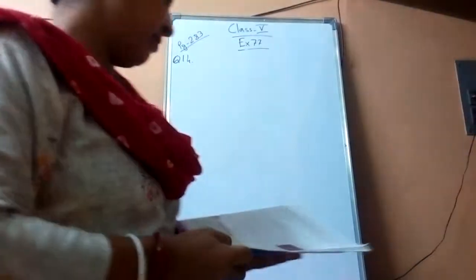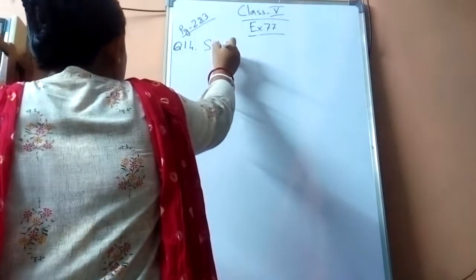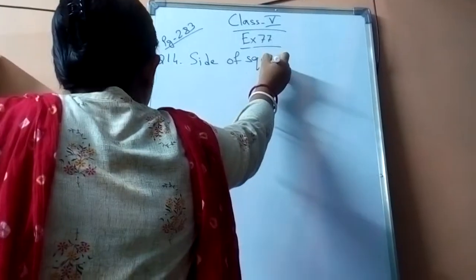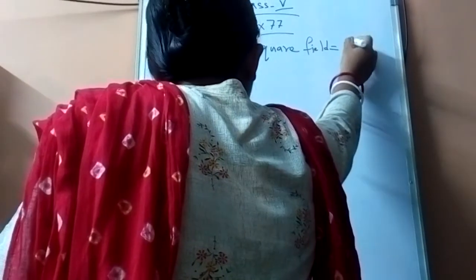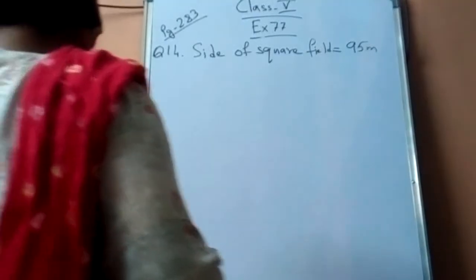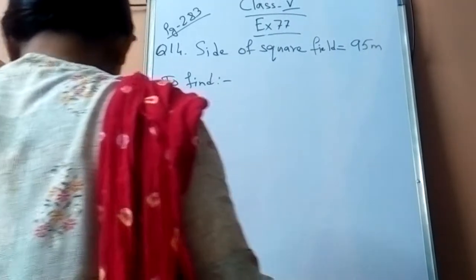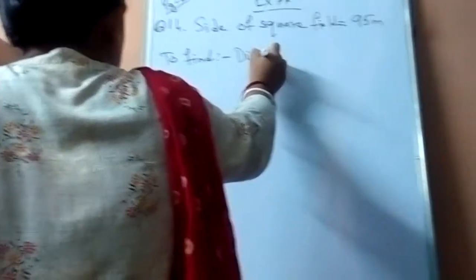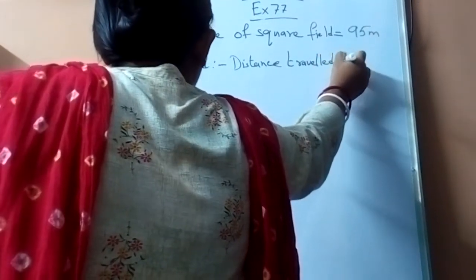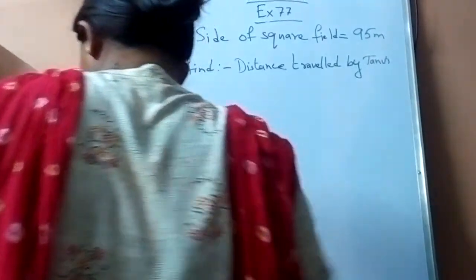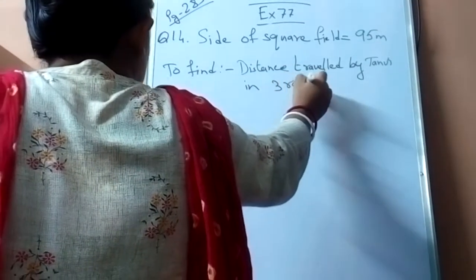Okay, so let's start writing. This is 14. You will write it is given side of square field is equal to 95 meter, and to find distance travelled by Tanvi in 3 rounds.